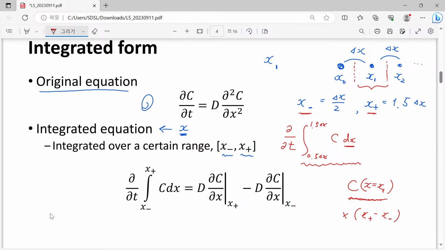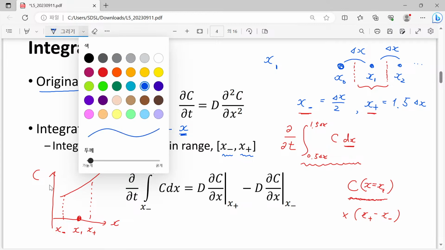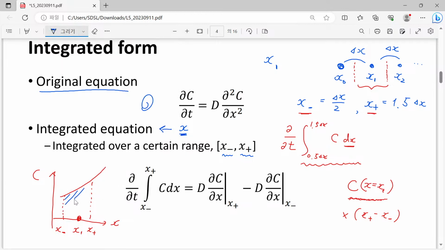If we have, for example, let's say x and c value is a position dependent varying function, and we have x1, and this is our x minus, and this is x plus, and we have to calculate the area underneath this curve. Then how can we calculate this integration?